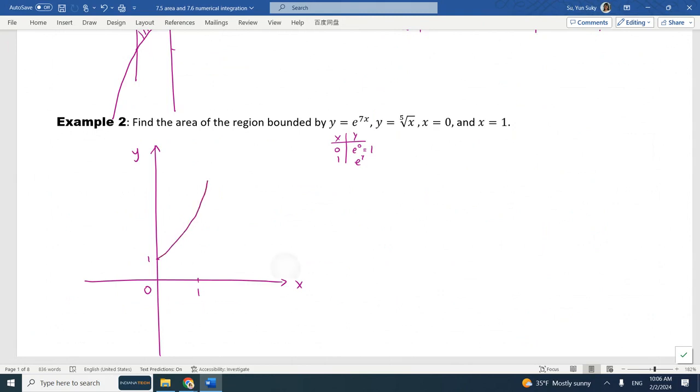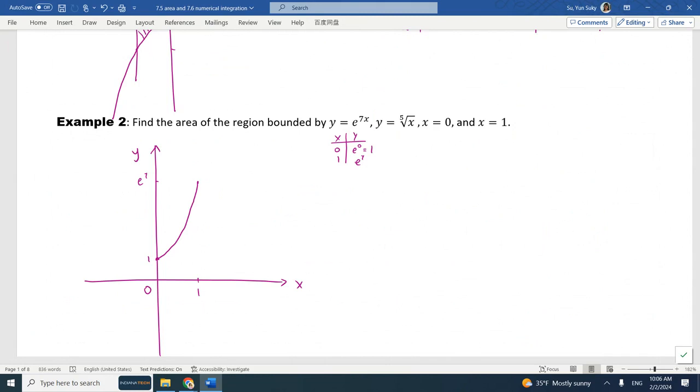So, sorry. Let's put e to the 7 here. Okay, and then let's connect those 2 points. So the exponential function looks like this. I know e to the 7 is such a big number, but you don't want to put it so big. Let's just put e to the 7 right here. We just want to sketch the graph.